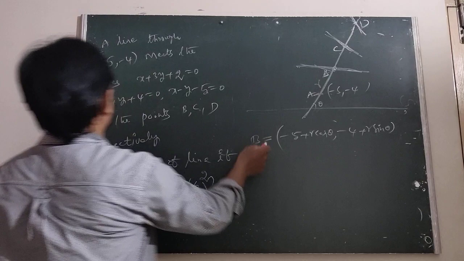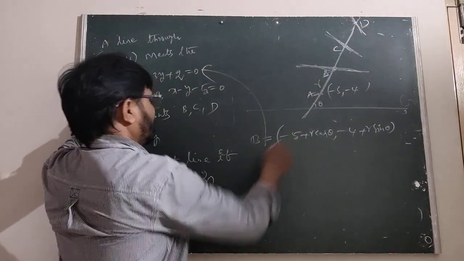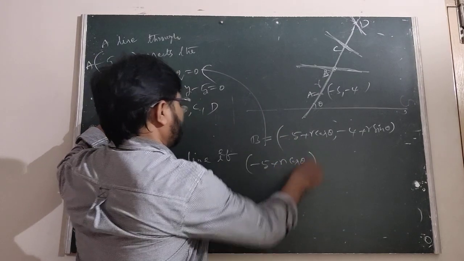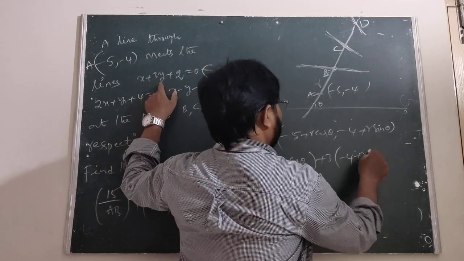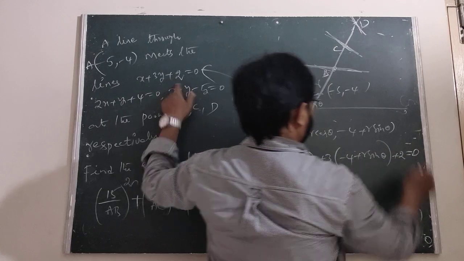Now the point B is substituted in the first line. B lies on the first line. That is, minus 5 plus r cos theta plus 3 into (minus 4 plus r sin theta) plus 2 equals 0.